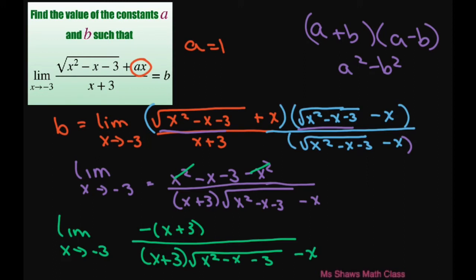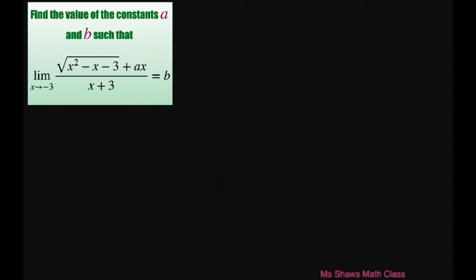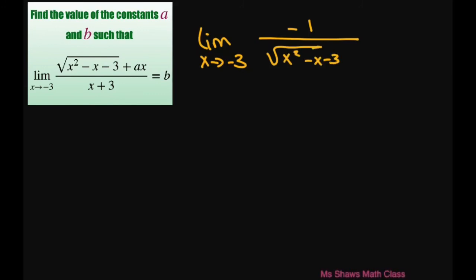So what happens is these two cancel out. And now all we have to do is substitute in for our x. So we have the limit as x approaches -3 of -1 divided by square root of x squared minus x minus 3 and then minus x.